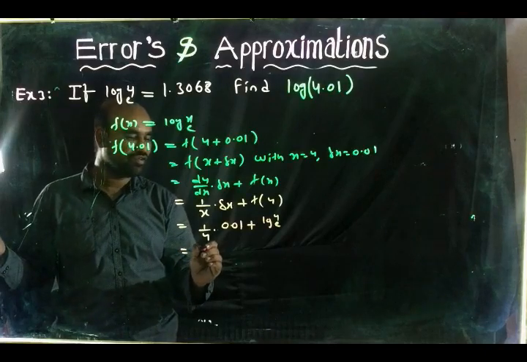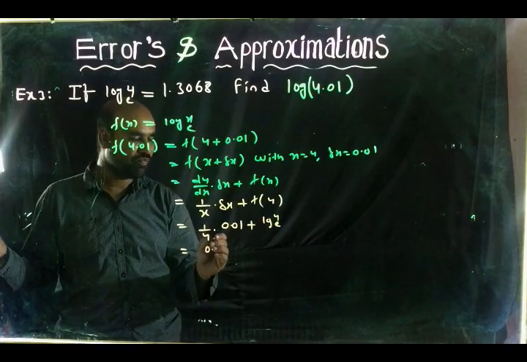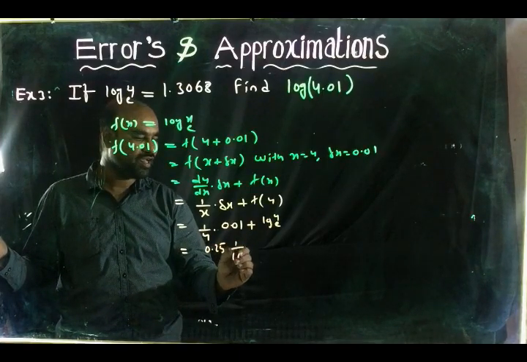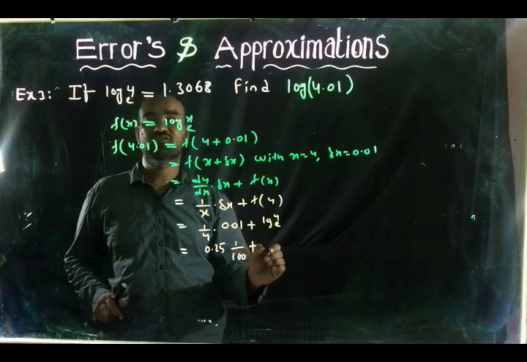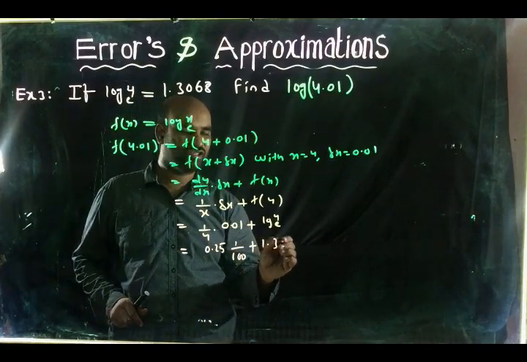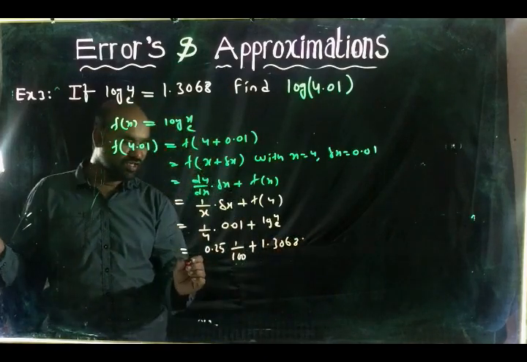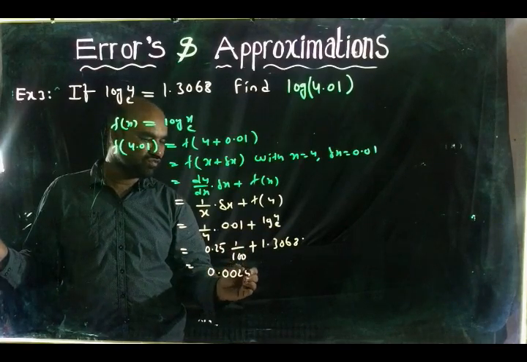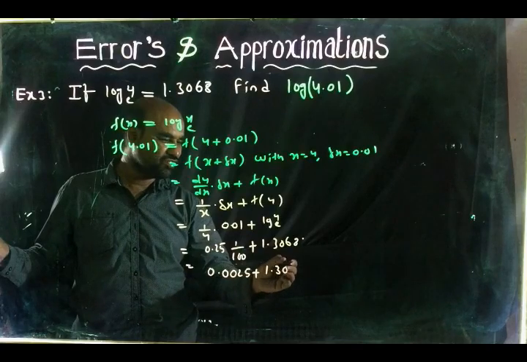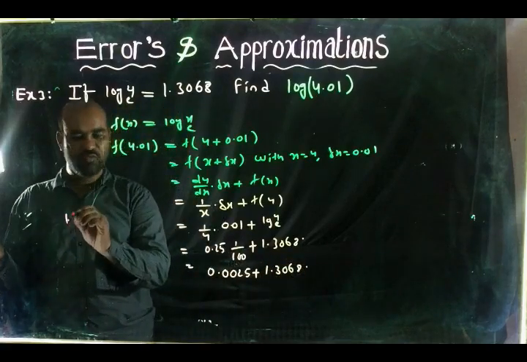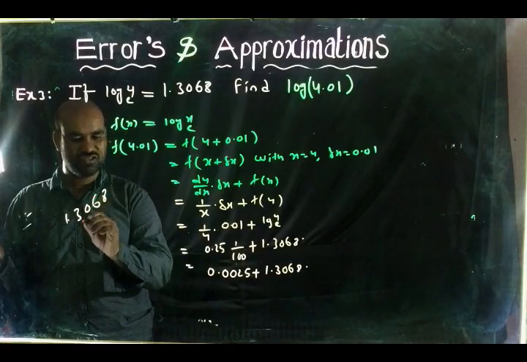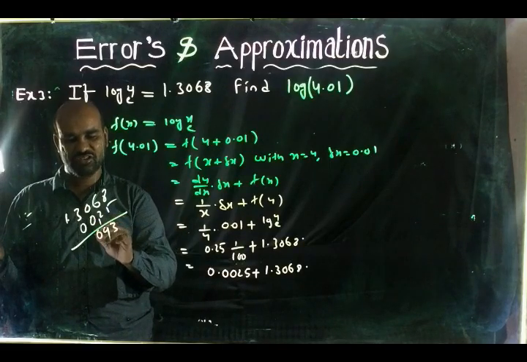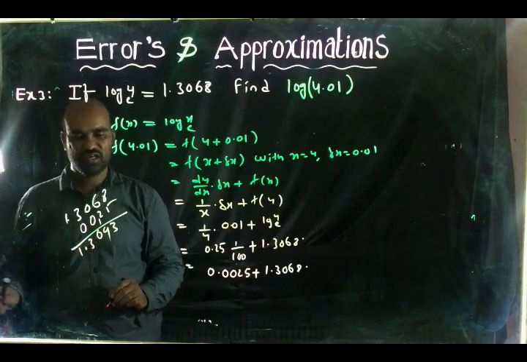So this is 1 by 4, which is 0.25, into 1 by 100, plus 1.3068. We need to simplify this. This is 0.0025 plus 1.3068. So 1.3068 plus 0.0025, we should add here: 3, here 9, 0, 3.